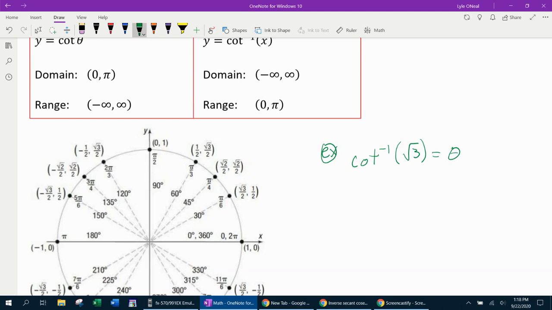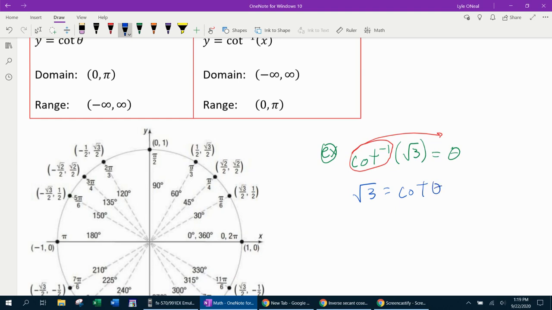So an inverse trig function is always equal to some angle theta. And then if I want to solve this for theta, I'm going to bring the inverse cotangent to the other side, which is going to turn that back into regular cotangent, okay? So we're going to have the square root of 3 equals cotangent of theta.